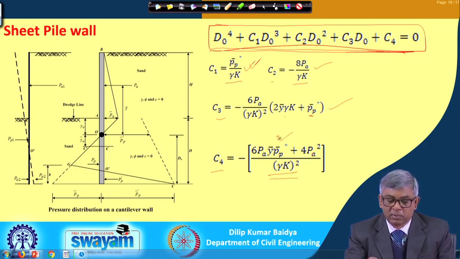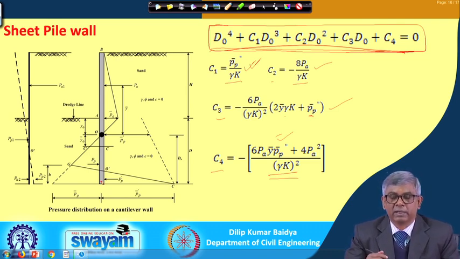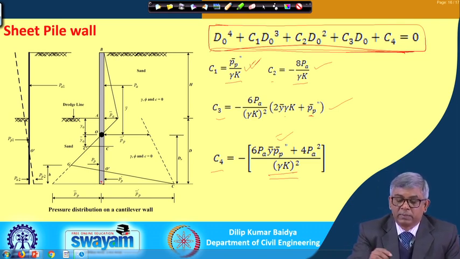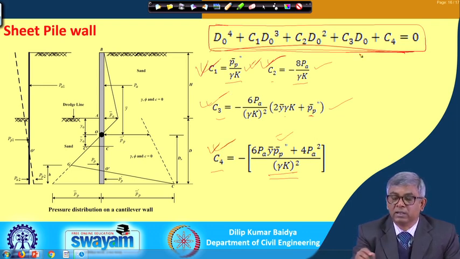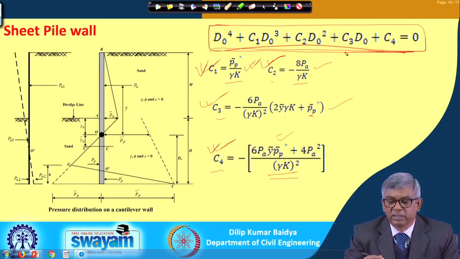Everything is shown in this diagram. Accordingly, you can calculate coefficient C 1, C 2, C 3 and C 4, and put them in this equation, and this will be a fourth order equation of d naught.